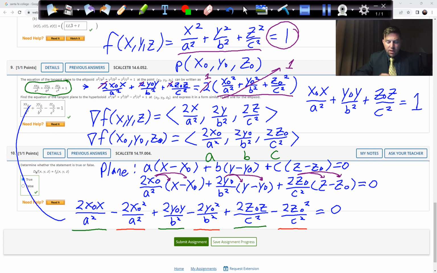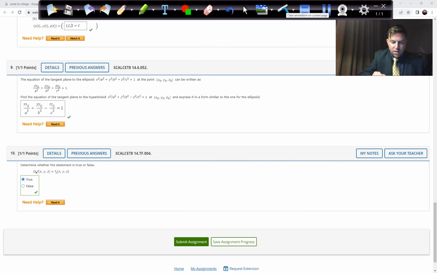Now here's the shortcut. I'm going to clear all that away. In the hyperboloid, the only difference is instead of a plus z squared over c squared, there's a minus z squared over c squared. So this plus changes to a minus.